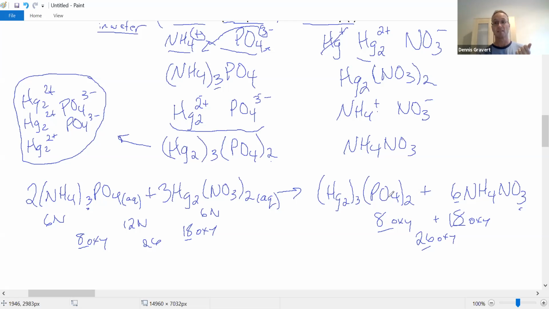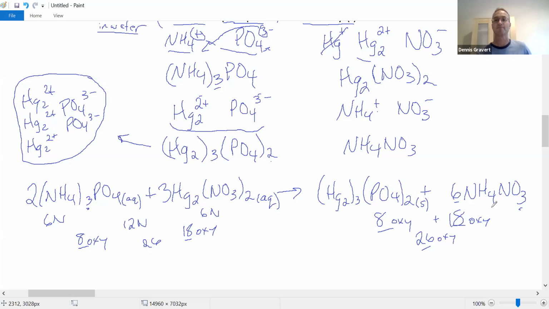What about phosphate? Phosphate's not on the solubility rules at all. And our 5th guideline, the solubility rules, is if the ionic compound is not listed, assume it does not dissolve. And that's actually a good prediction. Mercury 1 phosphate is not water soluble.